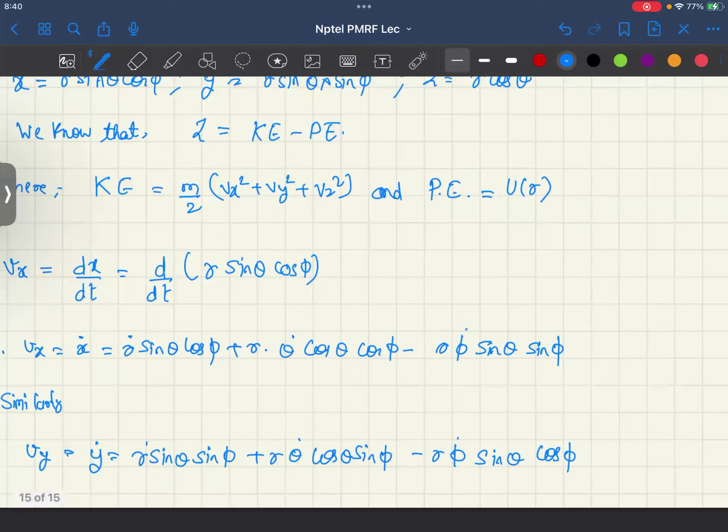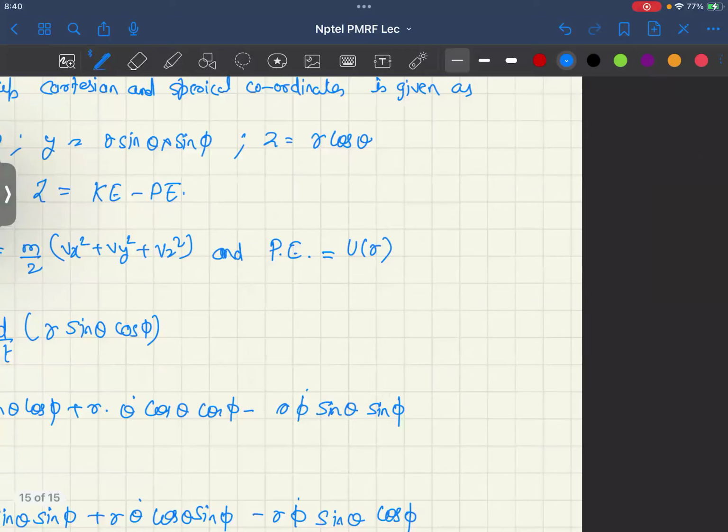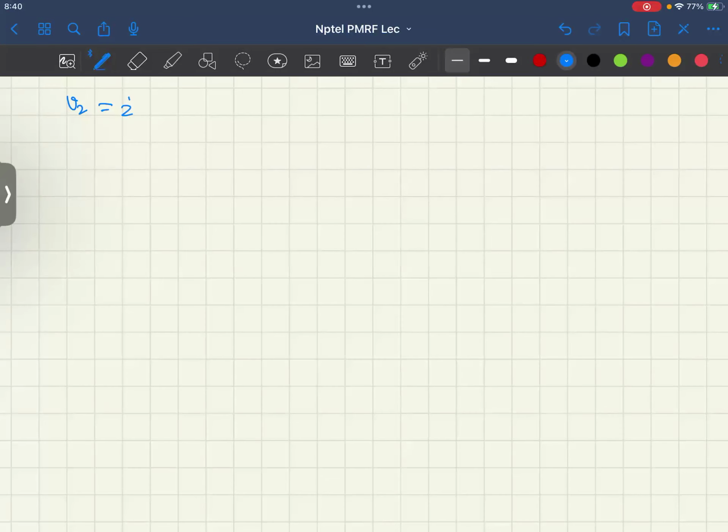Right? For z, we can write similarly Vz is equal to z dot is equal to r dot cos theta minus r theta dot sin theta.